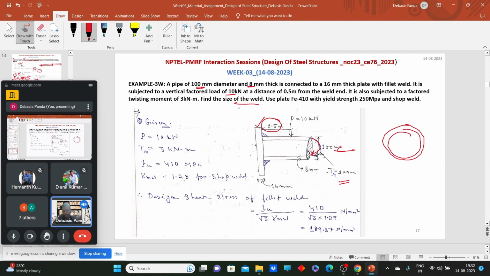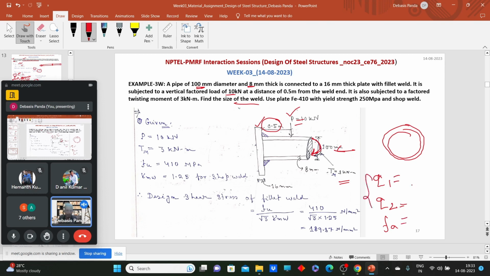First, we need to find out the shear stress due to this P load. Then we need to find out the shear stress due to this twisting moment. Then we need to find out the normal stress due to the bending from this point load. So we need to find these three stresses.